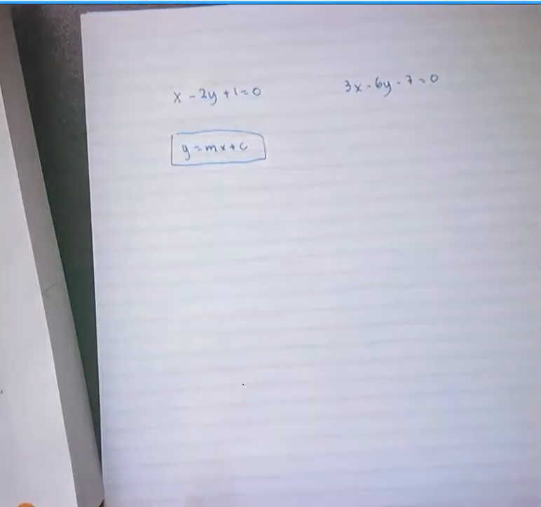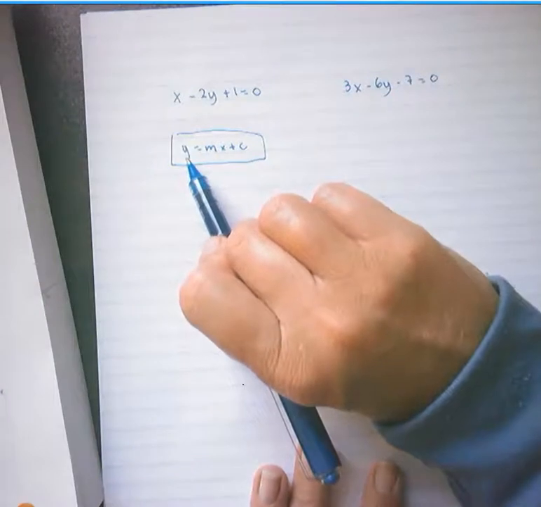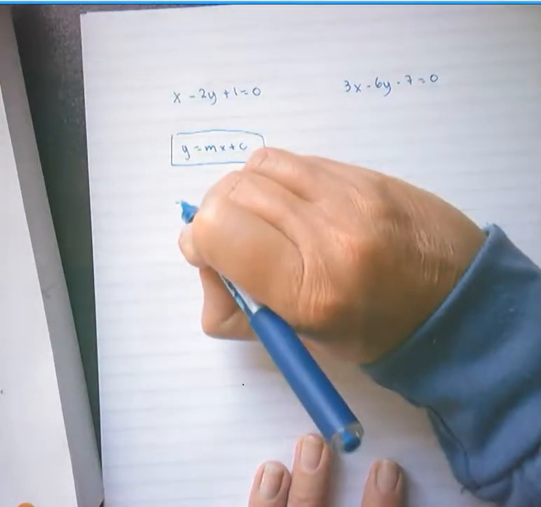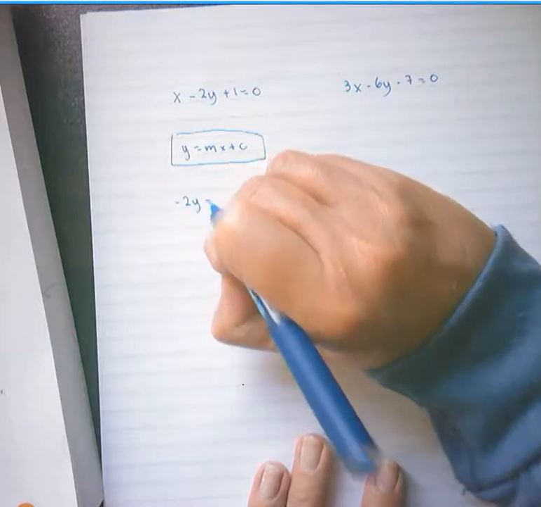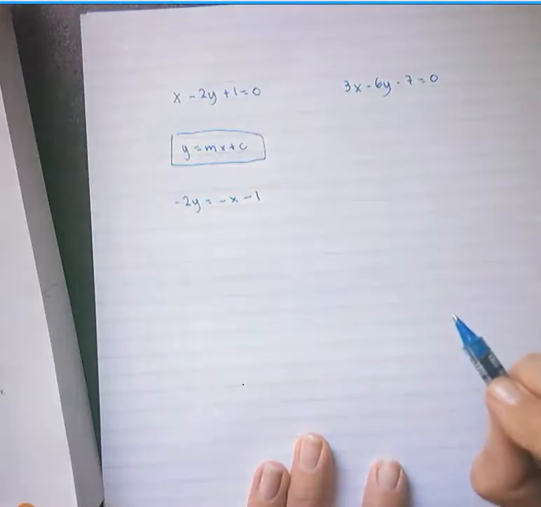So we want the y's on the left-hand side, everything else on the right. And it has to be a positive 1y. So if we start with the first one, you would go minus 2y is equal to minus x minus 1.